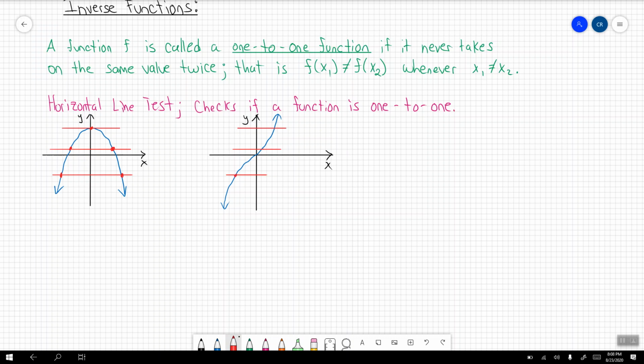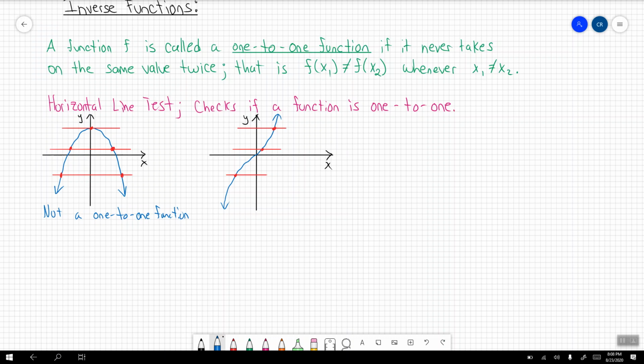Looking at the x cubed, we see that for every x input we only get one output, and that's exactly what we want to see in a one-to-one function. So for the first one, I'm going to say not a one-to-one function, because it does not pass the horizontal line test.